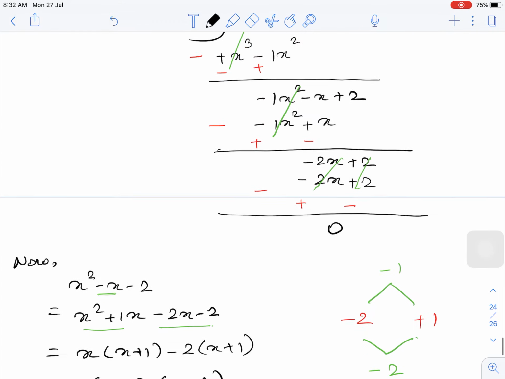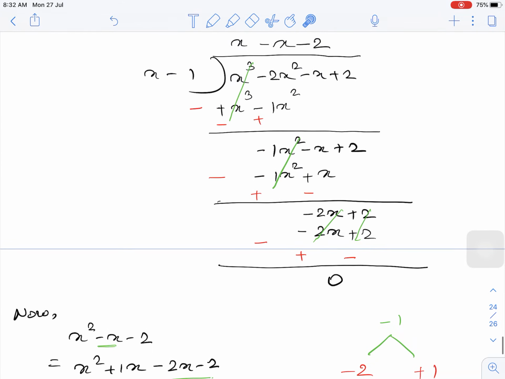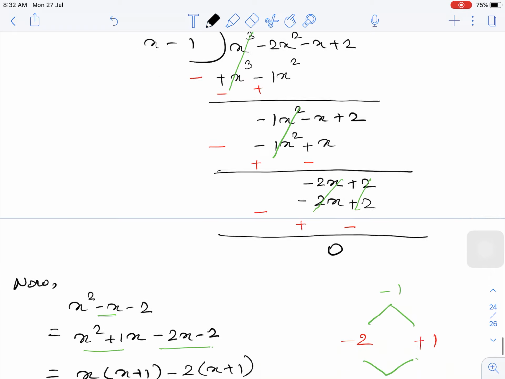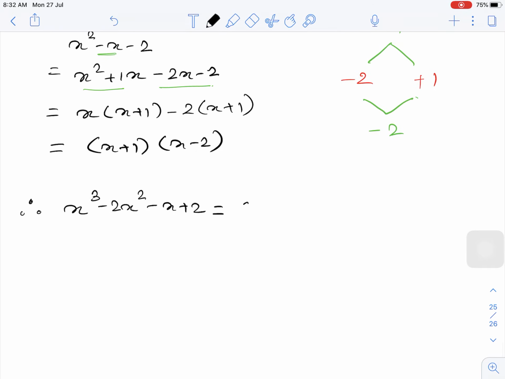The very first factor is this one, that is x minus 1. So we are having x minus 1, and the remaining two are x plus 1 and x minus 2. So here what we have done is we have factorized a cubic polynomial.